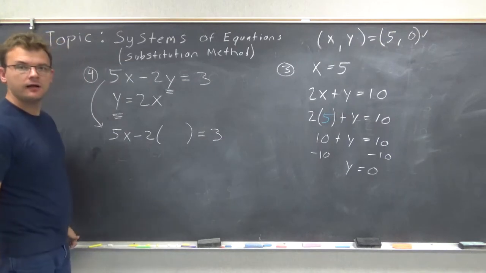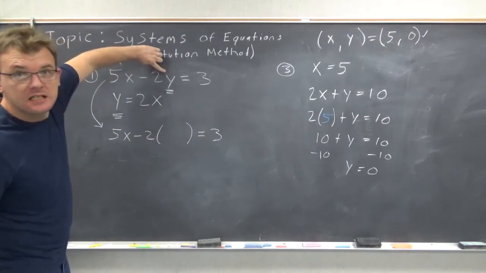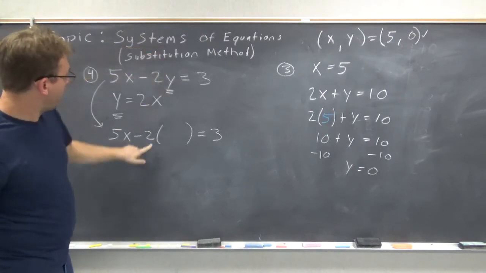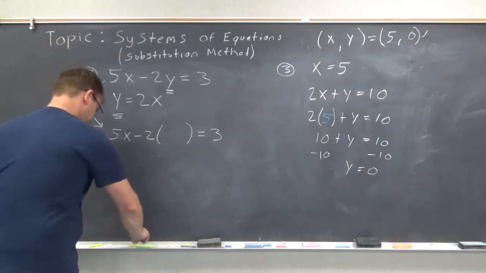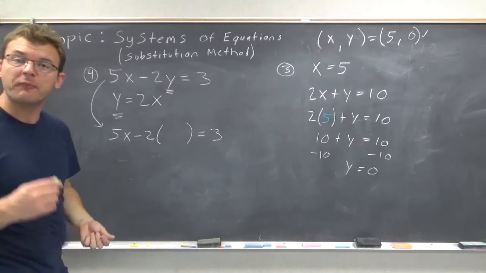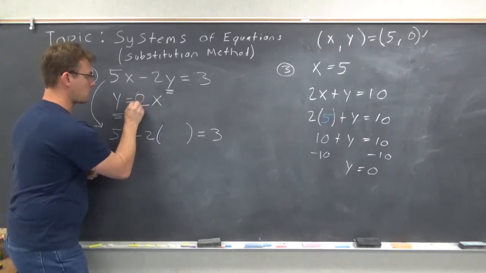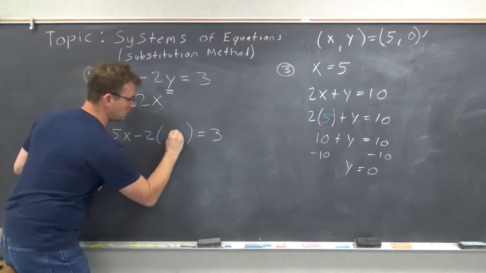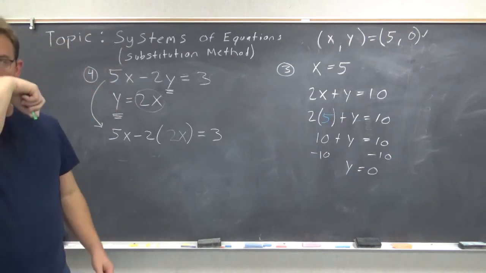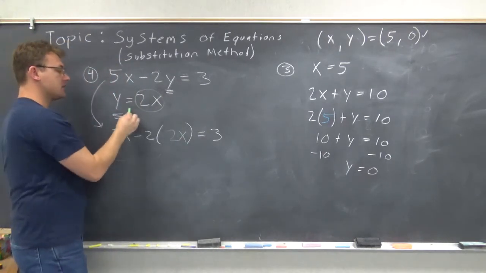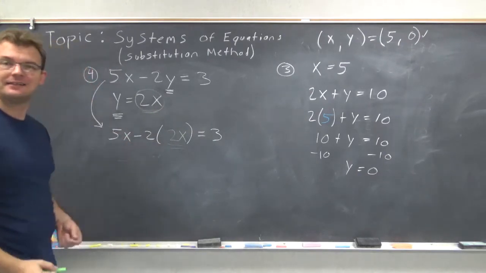See what I did? I put a parenthesis where the y is. And now I'm going to fill that in with x. I'm going to take this whole thing and put 2x instead.